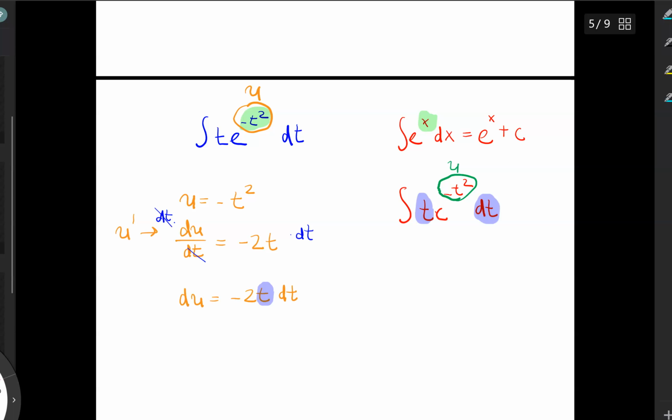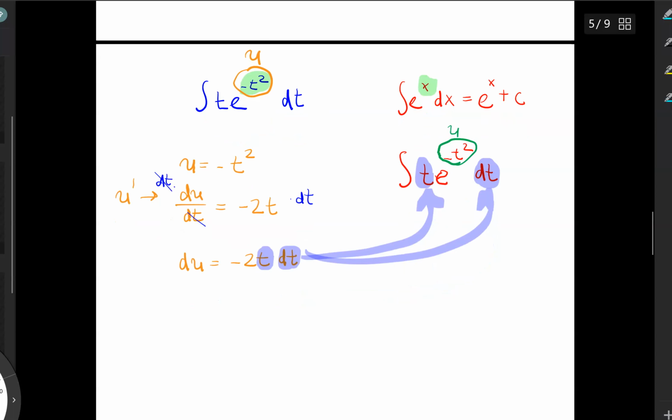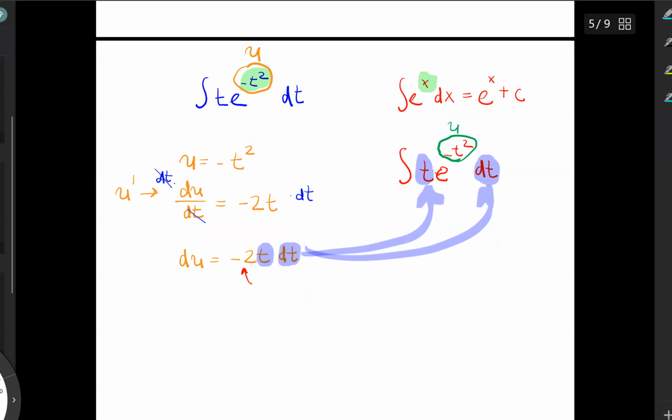So I was forced to only use what I had in my integrand. Well, now what we're going to do is we're just going to create what we need. What's missing? The negative 2 is missing, so we need that. So I'm going to say we need a negative 2 in the integrand. I'll put in here, it's missing.